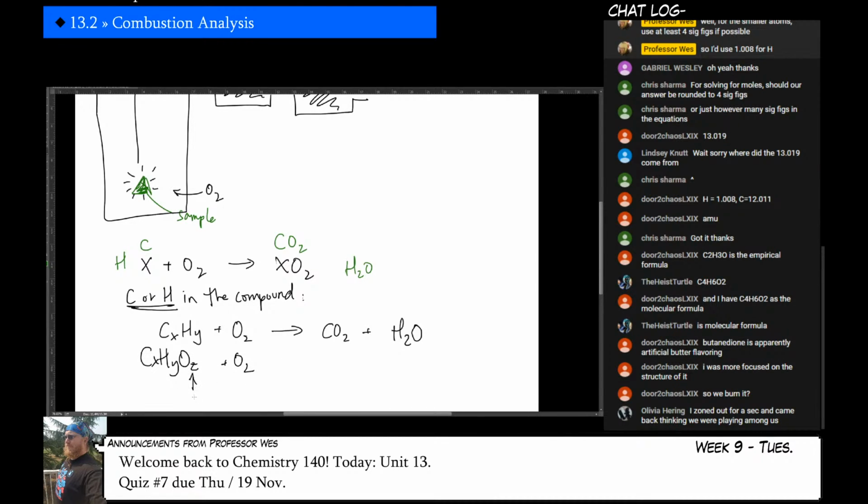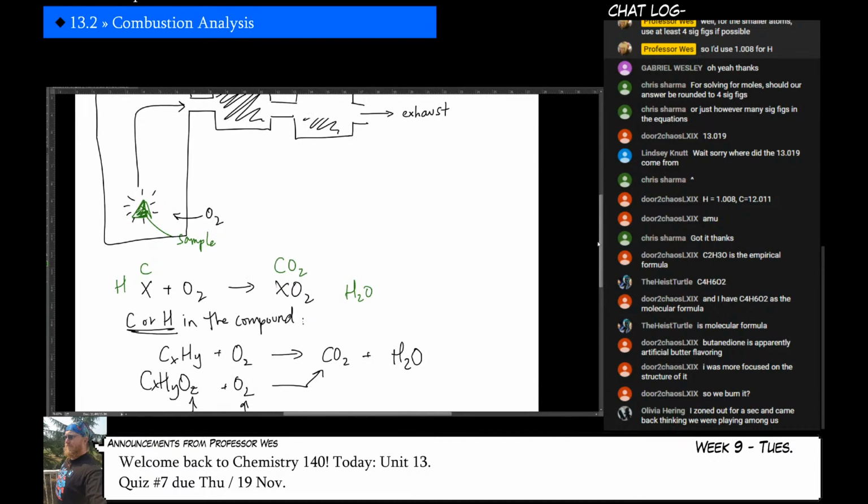This is a Z, by the way, or a Z. Sorry, my Canadian came out. So that's the letter Z, and this is the number 2. Just in case those look similar. Whether your compound has oxygen in it or not, you get the same result. You get CO2 and H2O.